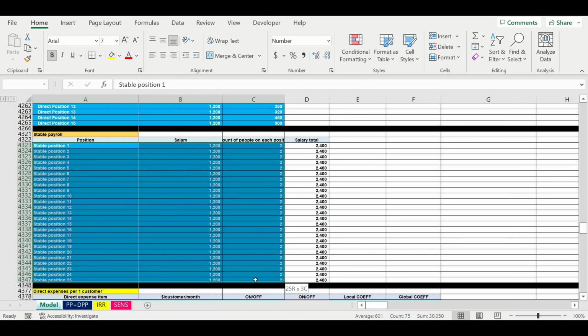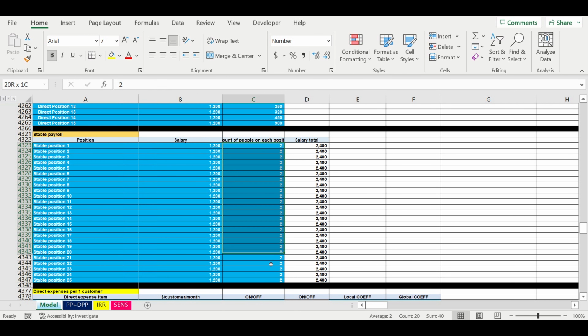This is not a direct payroll. This is a stable payroll, which doesn't increase or decrease when revenues increase or decrease. So this is a stable story. Here we specify the positions inside the stable payroll, what is the salary of one person on each position, and how many people on each position do we have.